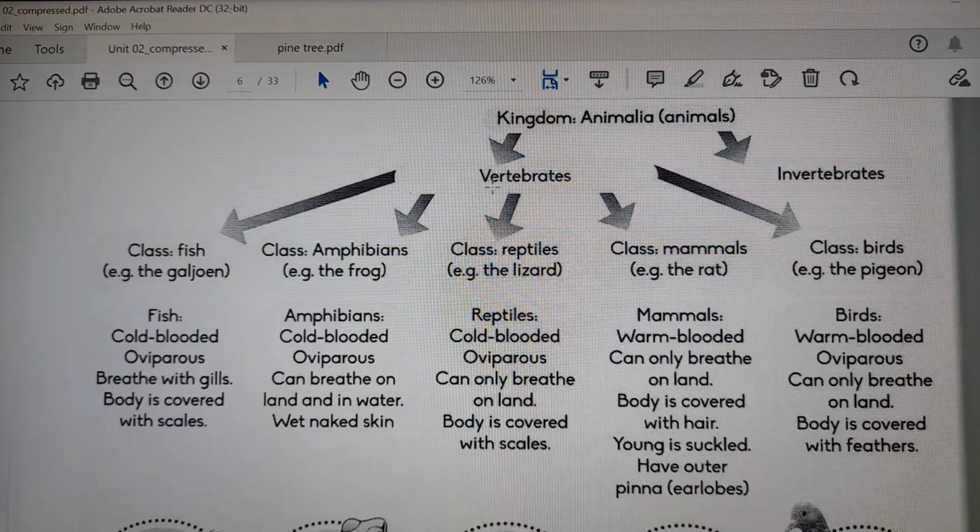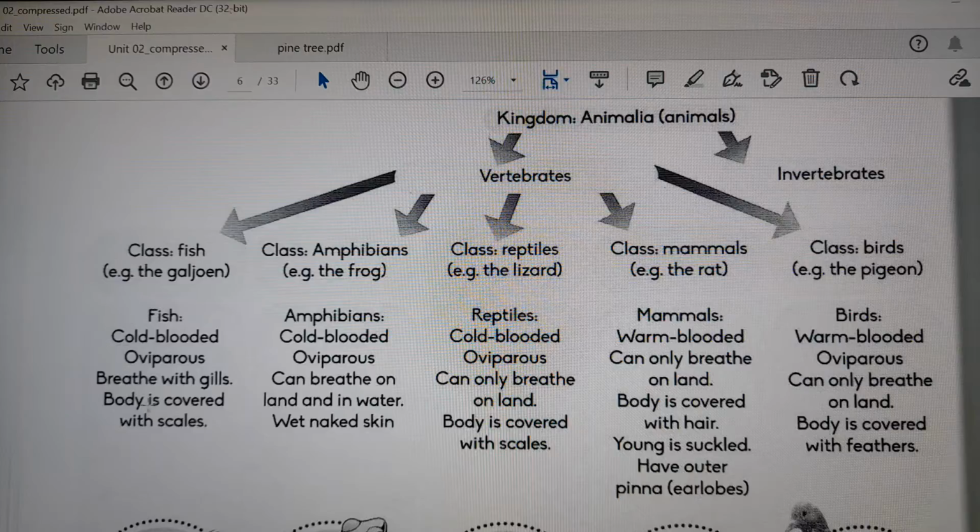And we have dealt with the animals with spines, and they have five groups, which is fish, amphibians, reptiles, mammals, and birds. We got the examples of each, but there can be more examples of these groups of vertebrate animals.